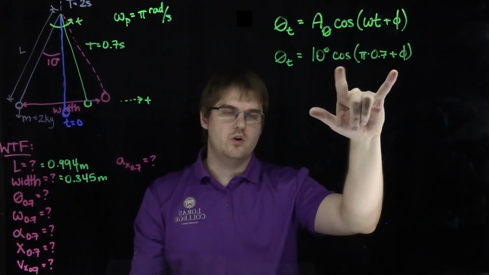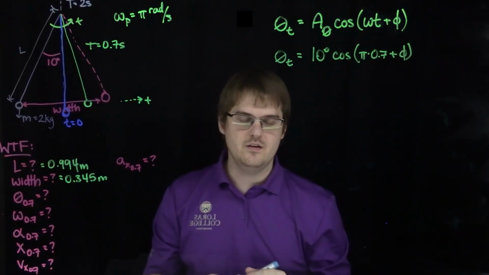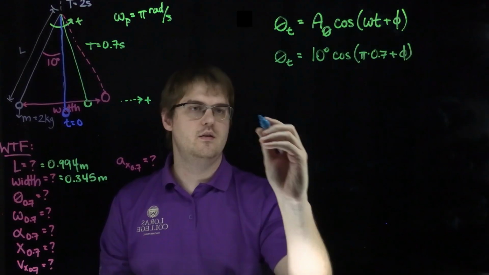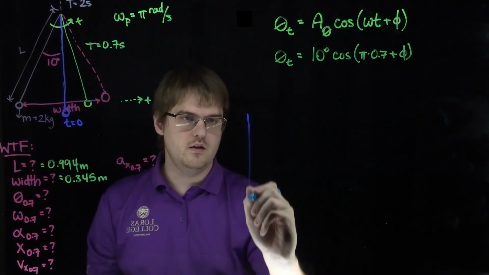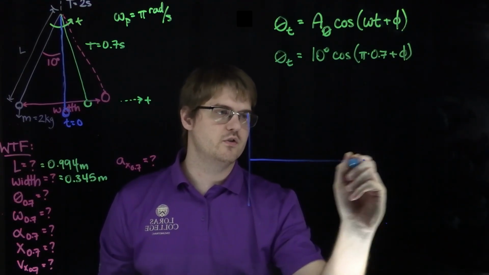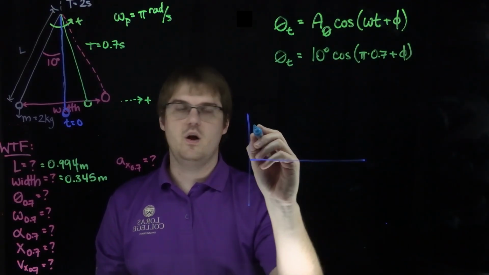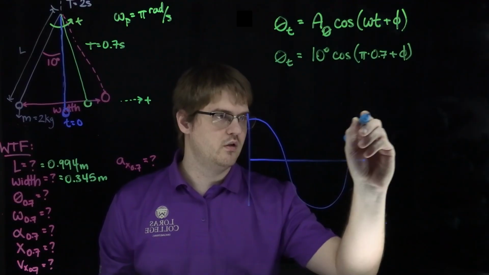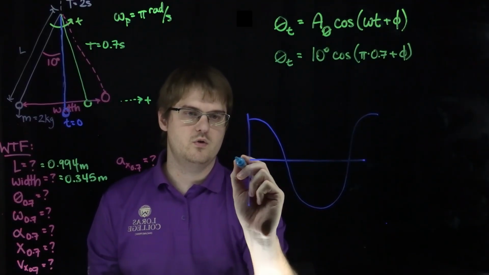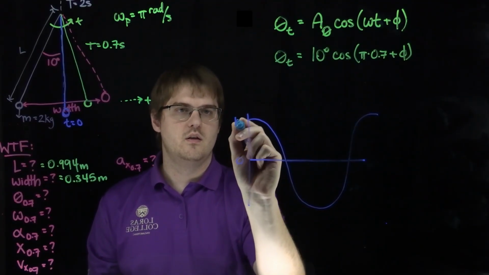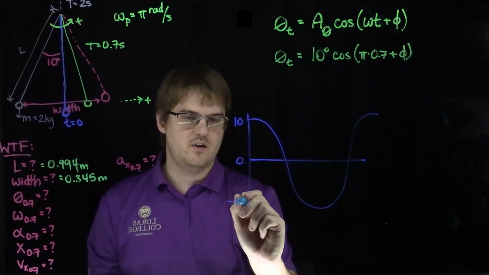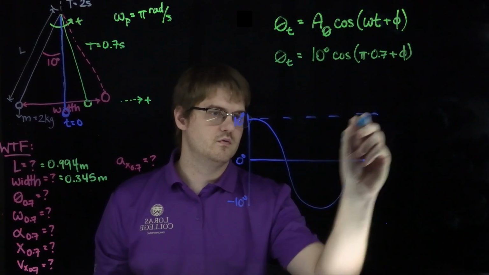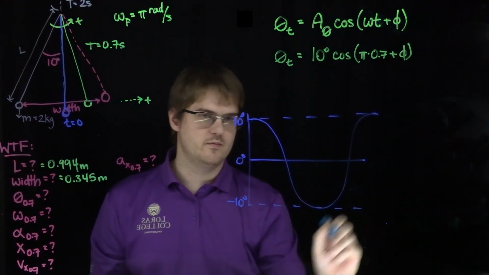This is where we could also switch between cosine and sine. We're going to use this system instead. But basically, if we track our angle versus time, we are saying that we're starting right here, and the angle is going between 10 degrees and negative 10 degrees over time.